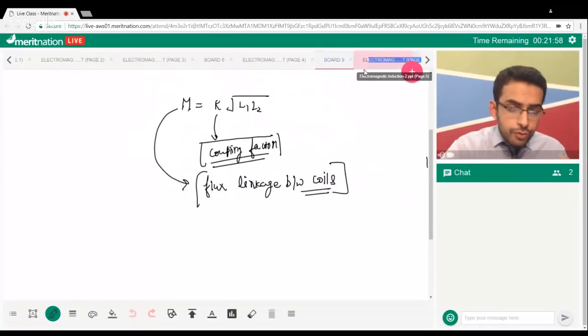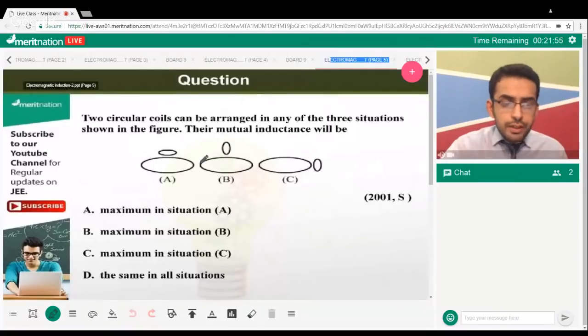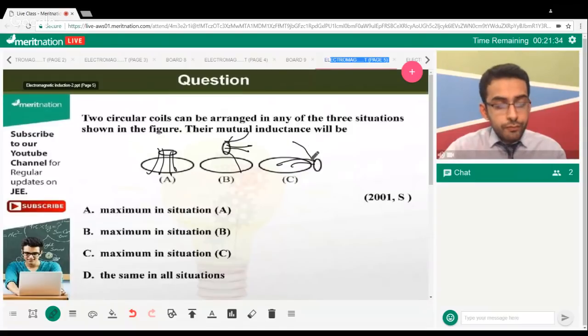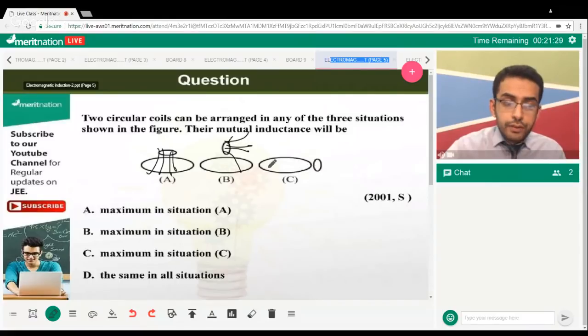If you observe the three configurations of the coils, in A there's maximum linkage of flux, whereas in the second one there's minimum linkage of flux. In C also there will be very little linkage, because most of the field lines will not pass through the bigger coil if current flows in the smaller coil.